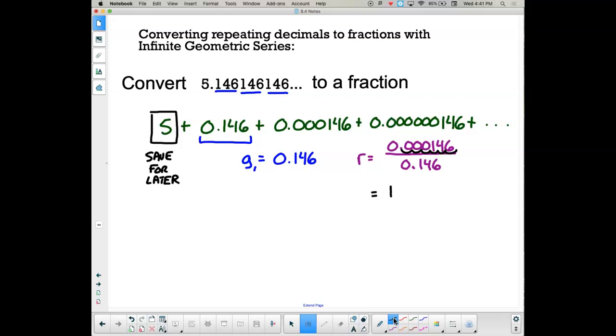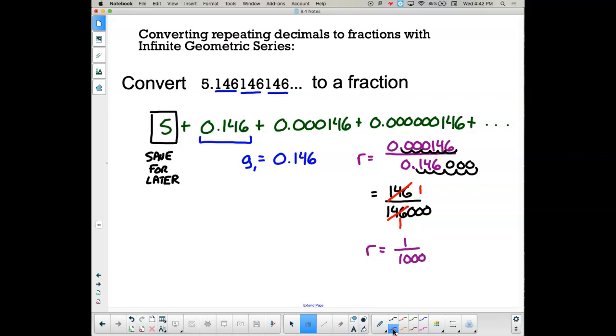So that gets me to 4 zeros in front and then 146. Then I got to move this decimal place 1, 2, 3, 4, 5, 6, and I fill in with those zeros. So that gets me 146,000. Now, if I reduce that, 146 goes into 146 one time each. So that leaves me with an r value here of 1 over 1,000.